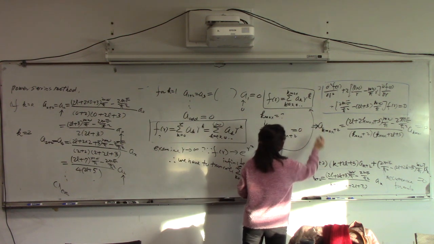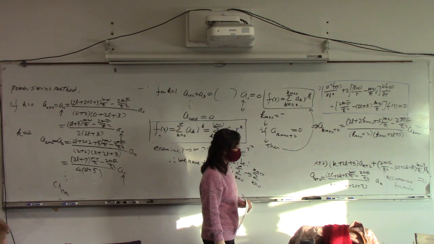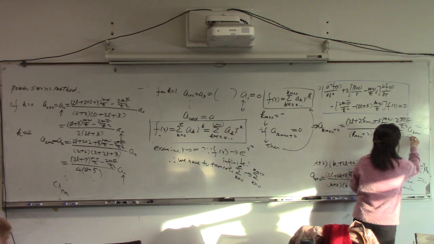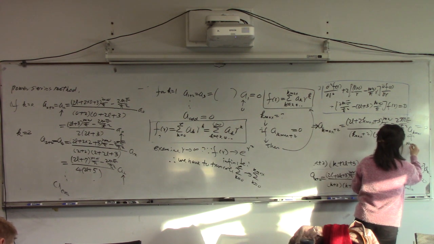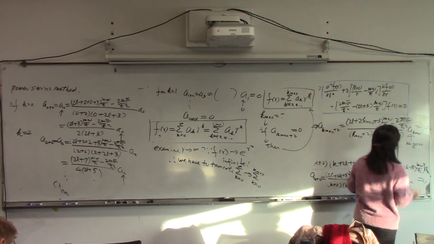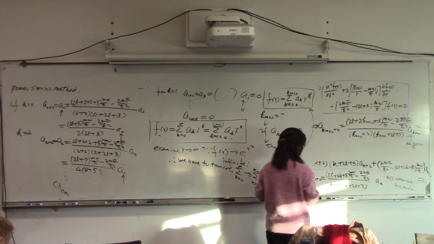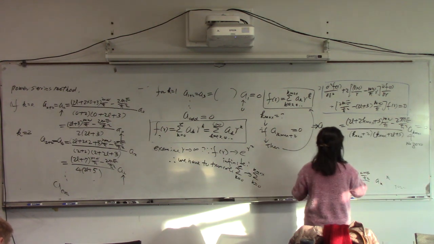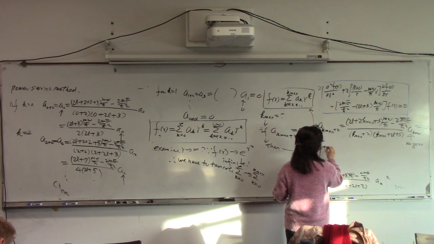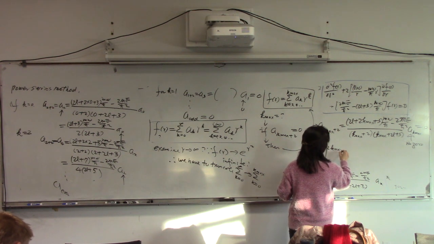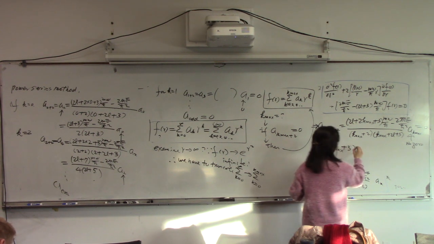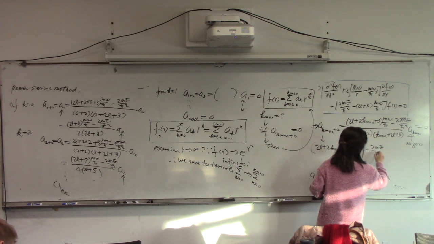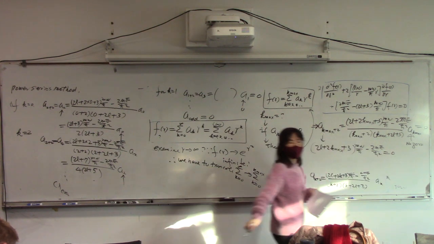That is a k max plus 2 equal to 0, and we know this is a non-zero term. Then if a k max plus 2 is 0, the numerator should be 0, right? So that means 2L plus 2k max plus 3, m omega over h bar, minus 2 m e over h bar square equals 0.